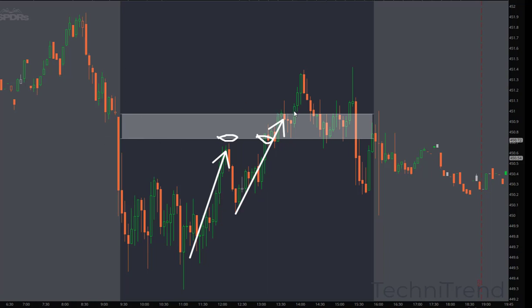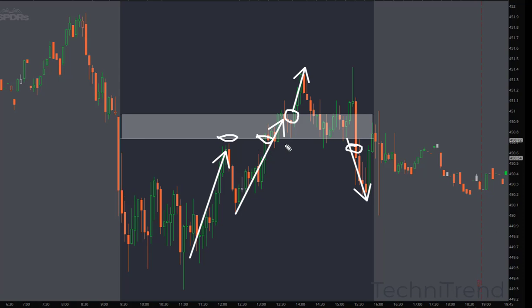In this case, you can see that there is a breakout from the zone also here. You could initiate a trade, or I can initiate a trade around this area. Let's say around here.